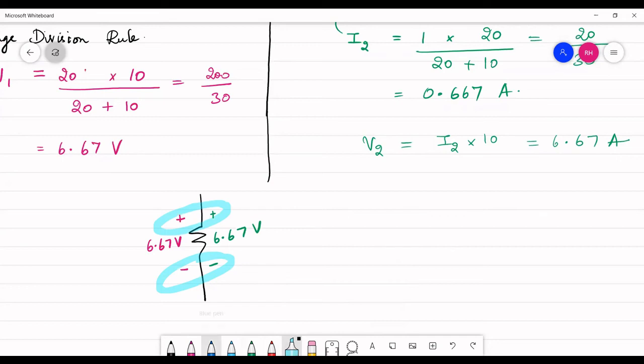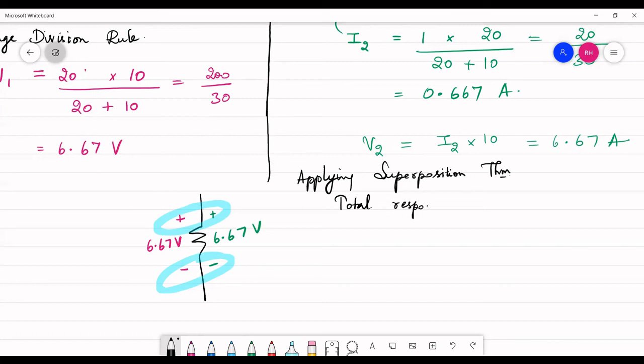And what does superposition theorem state? We are now going to apply superposition theorem. So what does it say? The total response is equal to the algebraic sum of individual responses.